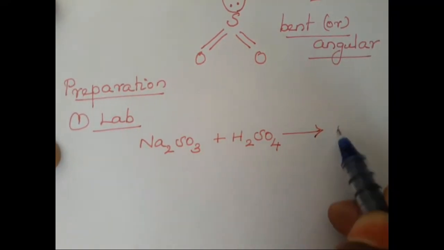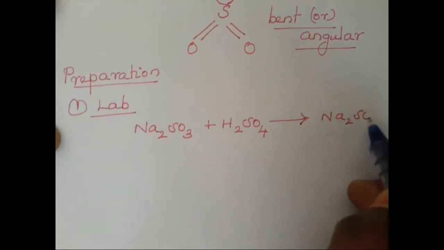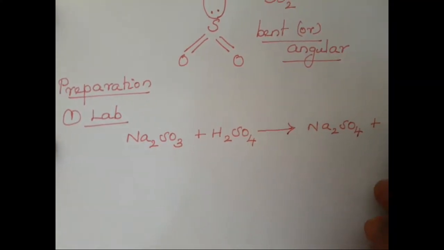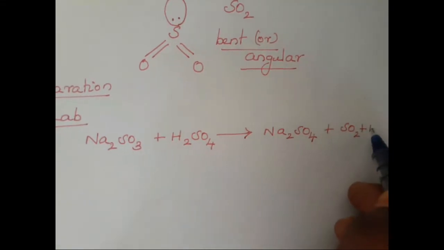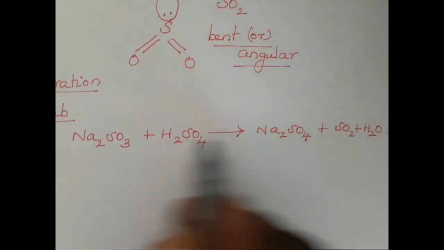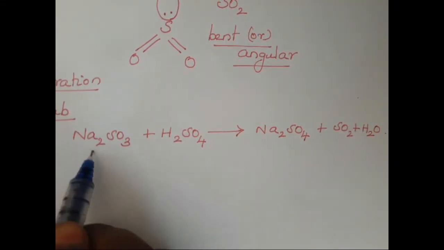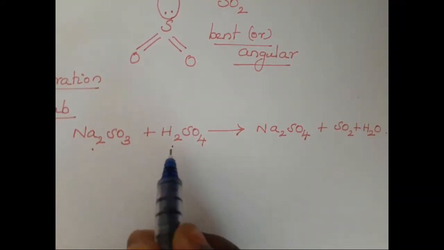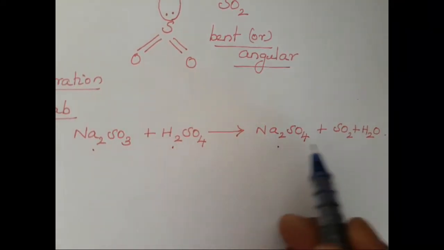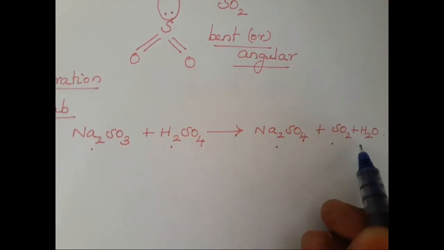It produces sodium sulfate plus sulfur dioxide plus water. Right children? When sodium sulfite is treated with sulfuric acid, you will be getting sodium sulfate, sulfur dioxide and water.